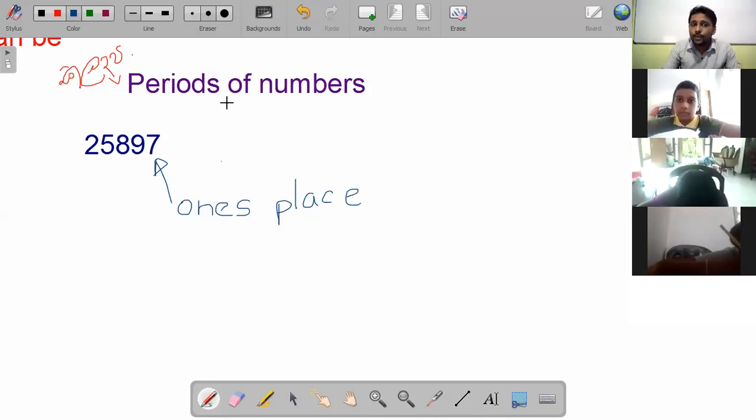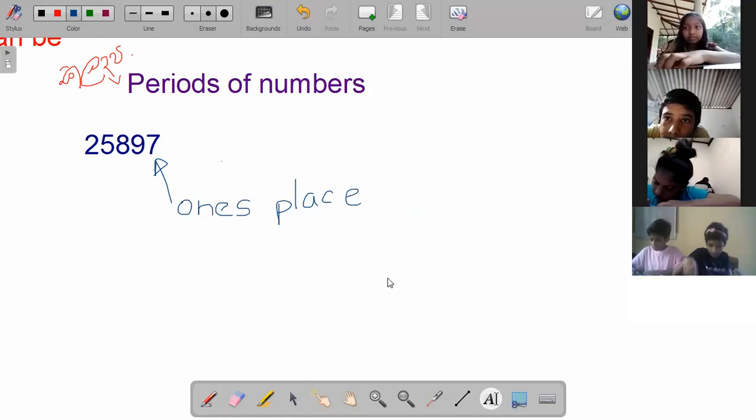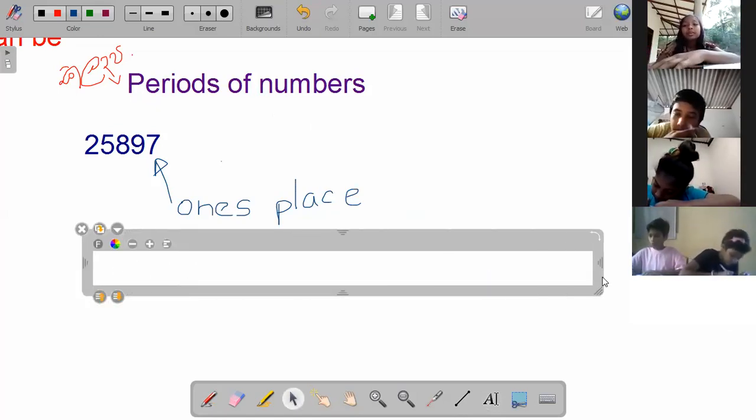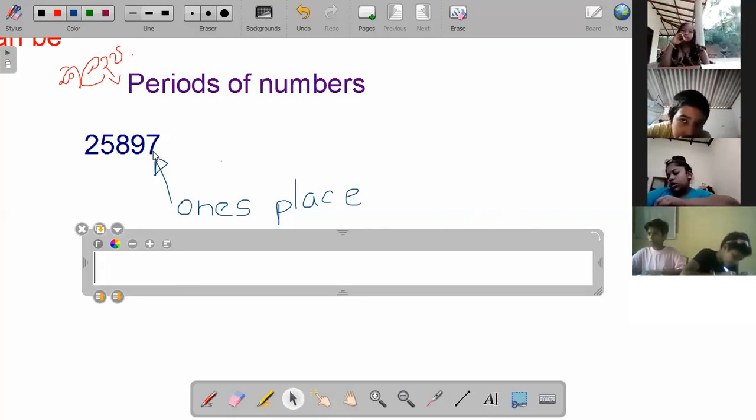Then when you separate a number into periods, you have to remember this: separate the number into groups of 3 digits starting from the ones place. මේ අවසාන ඉලක්කමෙන් පටන් අරගෙන digits 3න් 3 ඉදිරියට වෙන් කර කර යන්න.